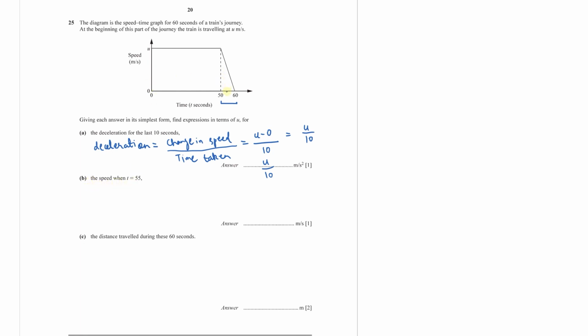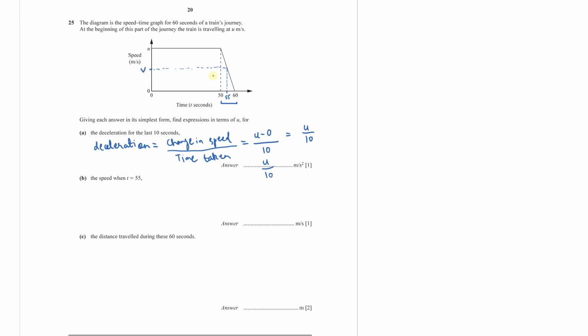Part B is find the speed when t equals 55. So t equals 55 would be somewhere here in the middle. So this is 55. If I keep going up and then go left, straight, let's call this speed v. So this is the speed that you need to calculate, which is represented by v here.